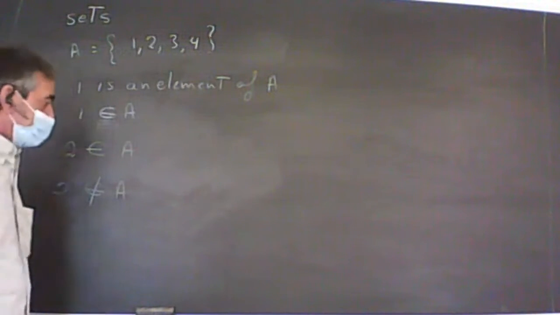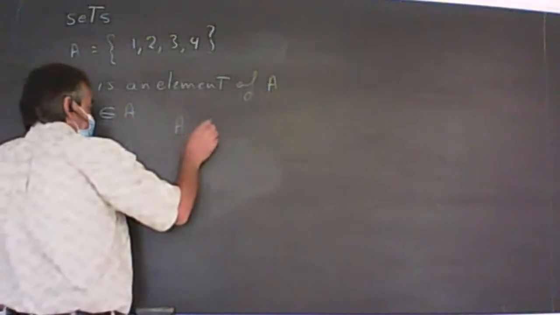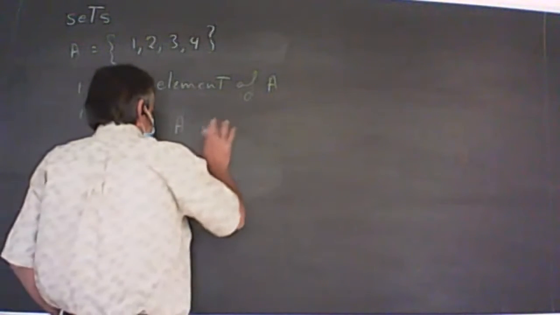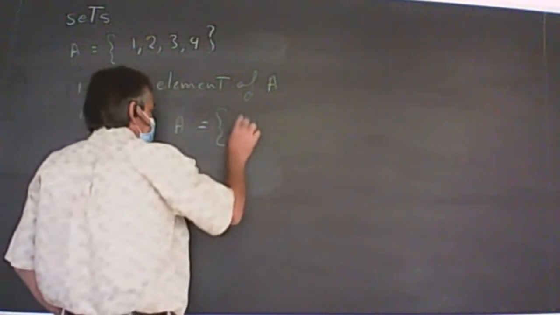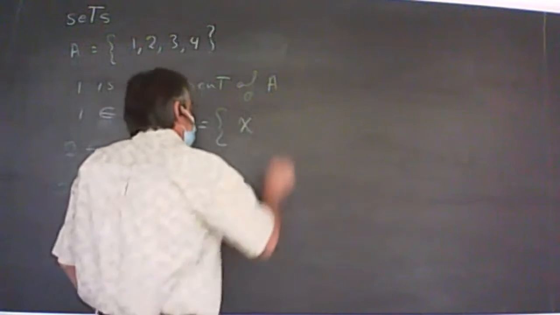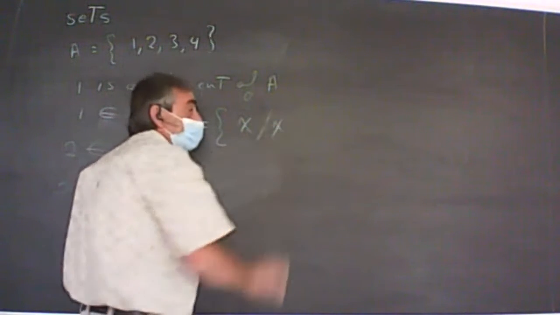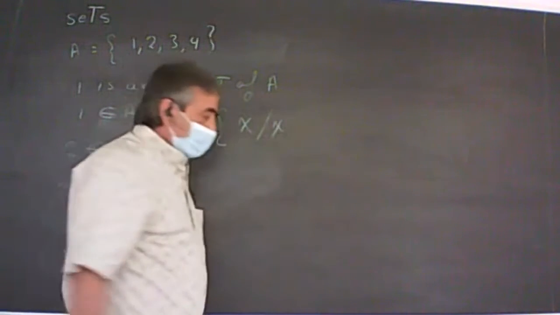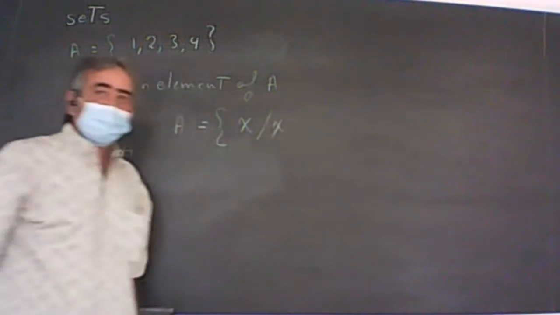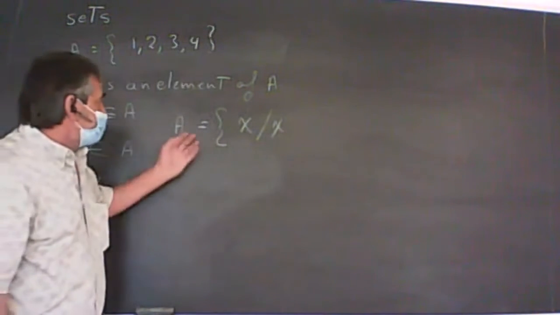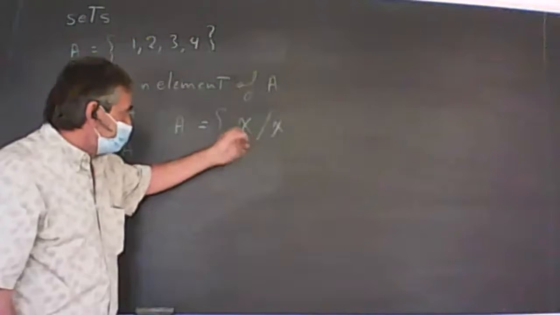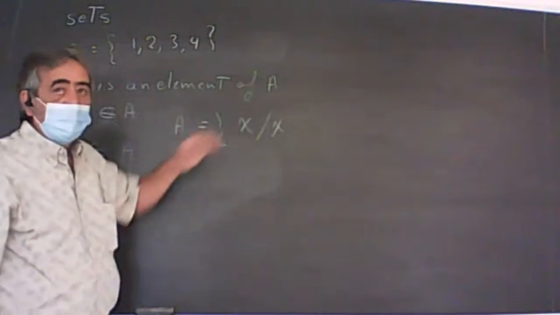Another way of describing A, we can say A equals the set of X such that X, and then I have to describe what X is. What we're saying is A consists of some things.